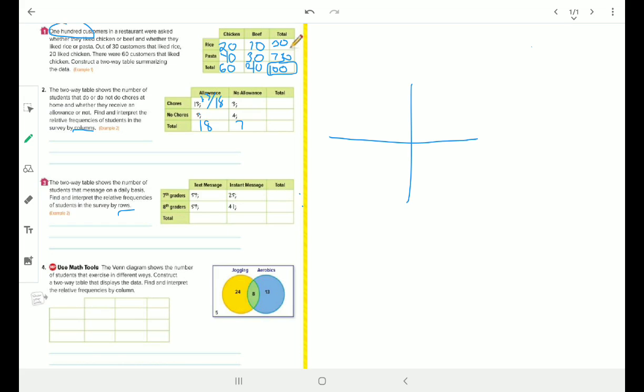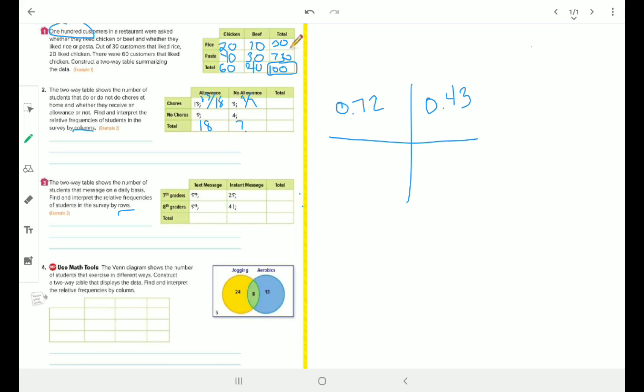So that's about 0.72, about 72% of those individuals. For people that did not have an allowance and do chores, that's about 3 out of my total. In this case, the total here is 7. So that's 3 divided by 7. And I have to round it, so that's about 0.43.